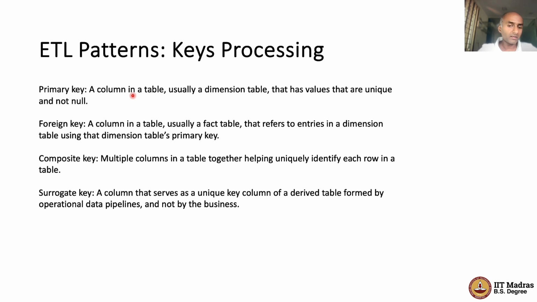And the primary key there could be the train ID or the train number. The train number is something we all know is a unique value. No two trains have the same train number, and you cannot have a train which doesn't have a train number, which means the train number cannot be null for a specific train.